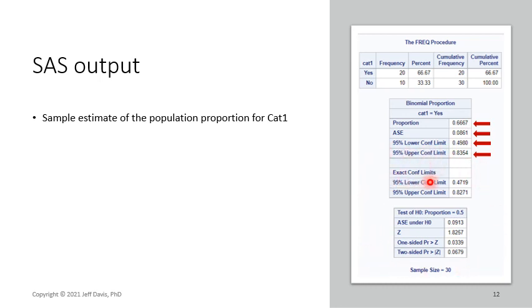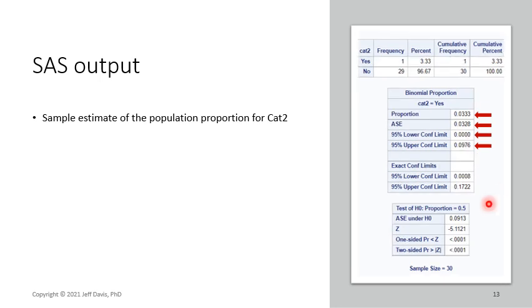Exact confidence limits you interpret the same way, but there's a different set of mathematics that go into calculating that limit. So here we're just going to stick with the simpler stuff.